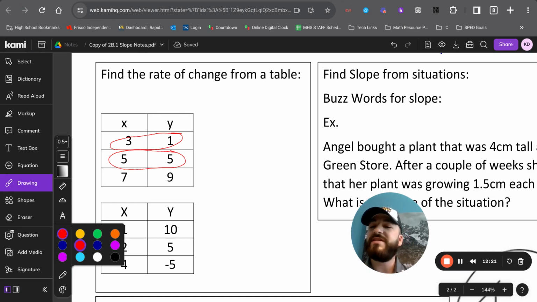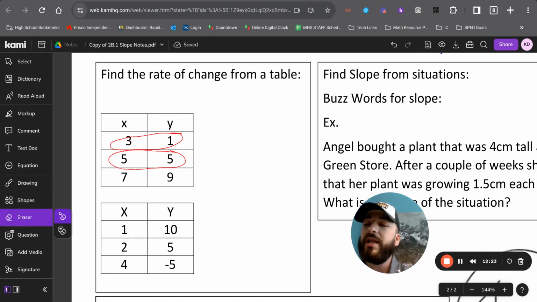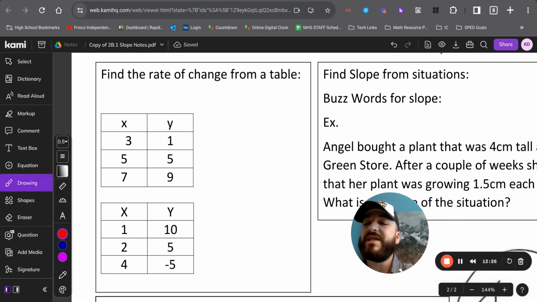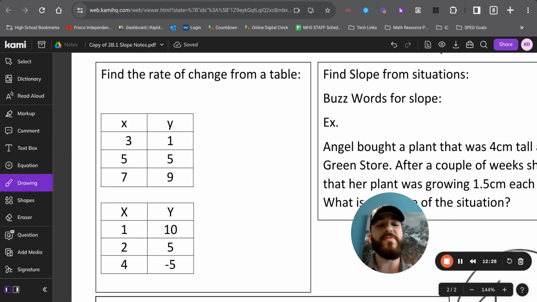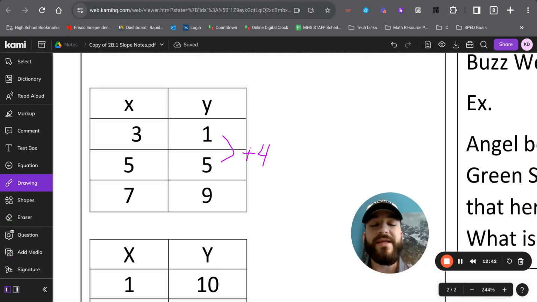But if we do have this table of values, we can kind of shortcut it a little bit instead of using that slope formula. And instead what we can do is we can think of it in terms of that change in y over change in x. So as I'm going from y value to y value from 1 to 5, the way I would do that is I would add by 4. Okay, and then to get to my next y value from 5 to 9, once again, I would add by 4.